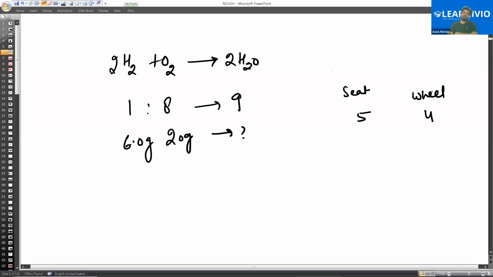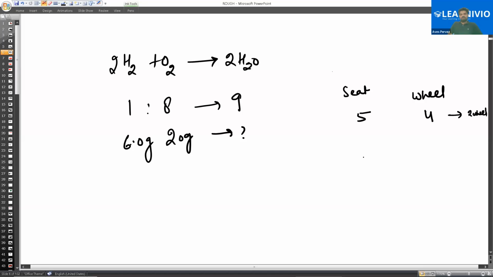Two cycles. Very simple. One cycle requires 2 wheels, so with 4 wheels, your answer is 2 cycles.